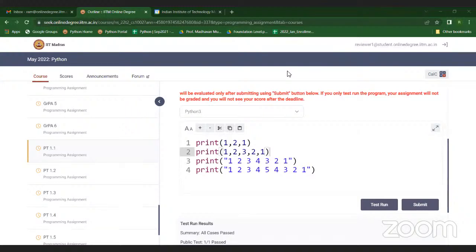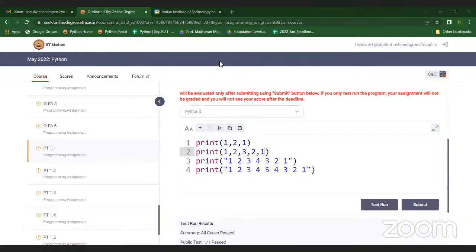Whenever I give these PT problems, you should be solving them using only the concepts up until that week. Sir, apart from that, can you please discuss the problem in GRPA 6?